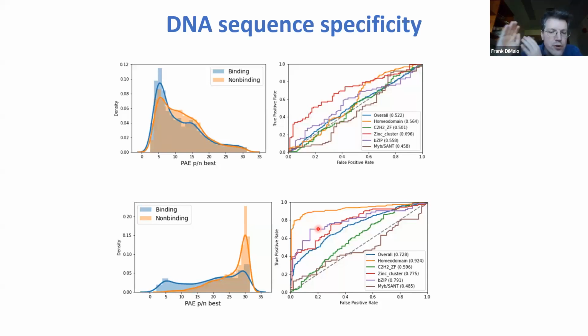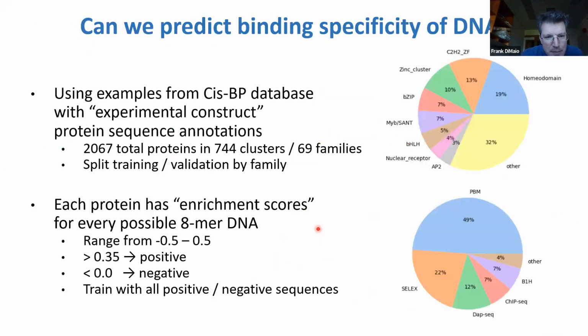Right now, this is how we are processing this CISBP data: very high things are positive, very low things are negative, and there's a mid-range where we just say that we don't know, these may or may not be binders. These are weak binders. We haven't looked at this.